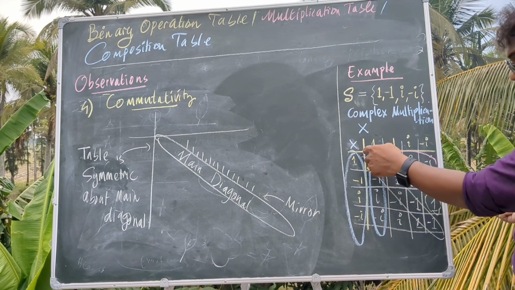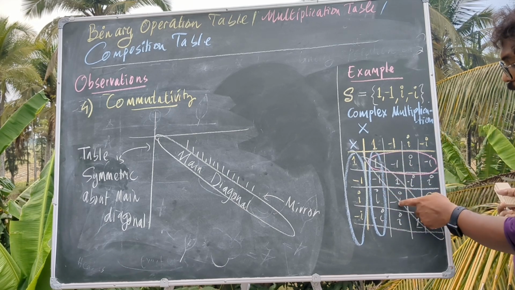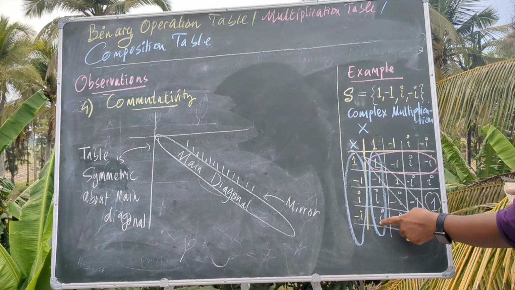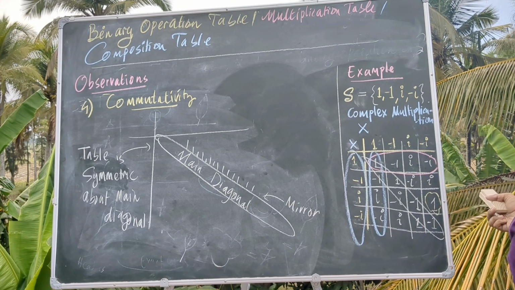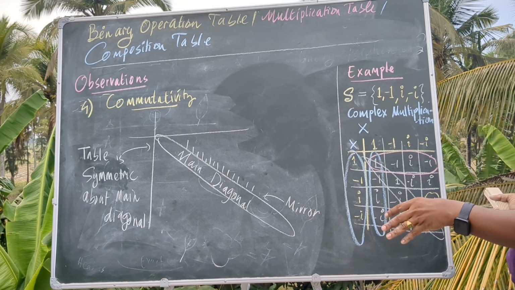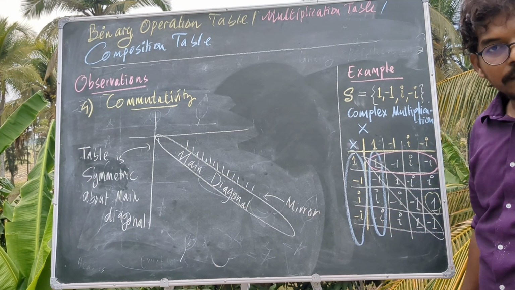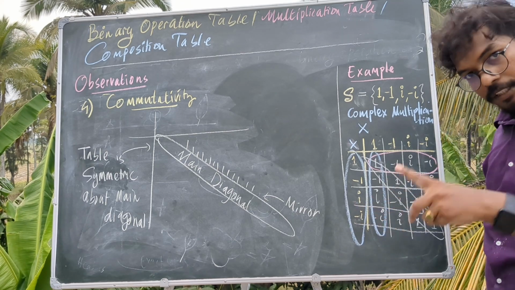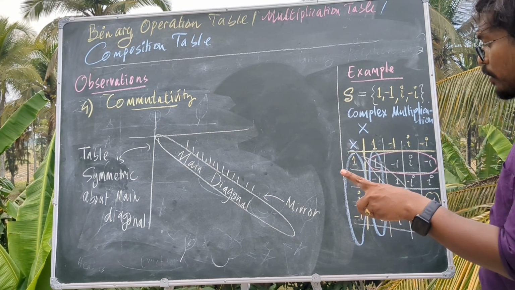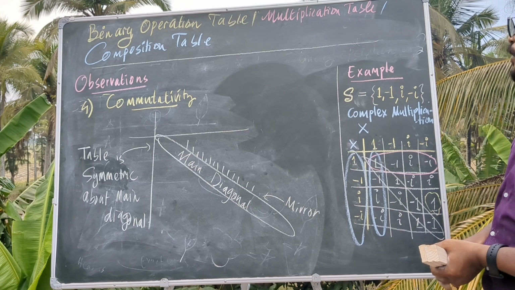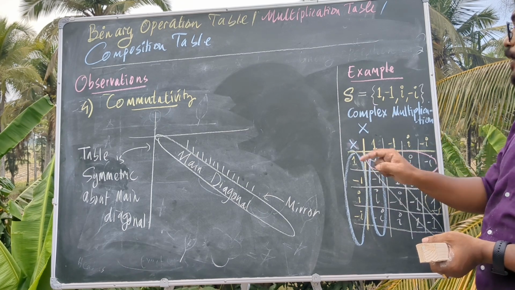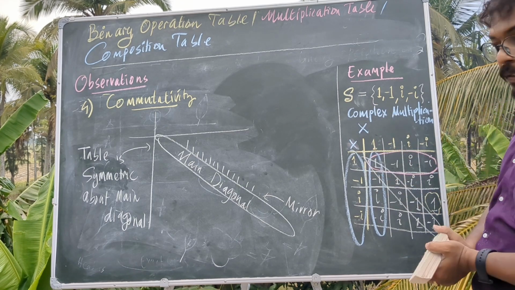This table is symmetric. This is the main diagonal: i, minus i, minus i, minus i. So from the table we can find identity. If identity is there, we can find inverses if they exist, and we can check whether a set under a binary operation is commutative or not.